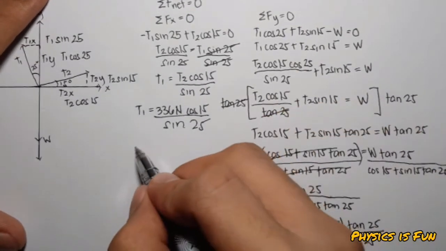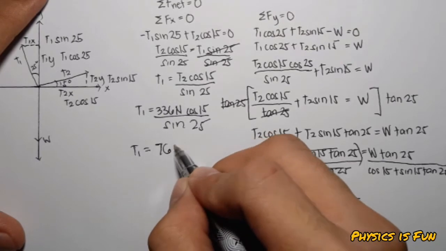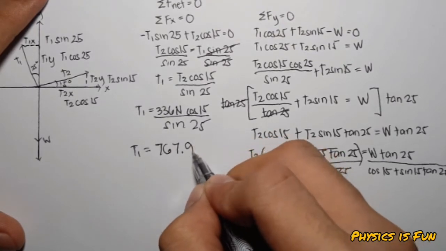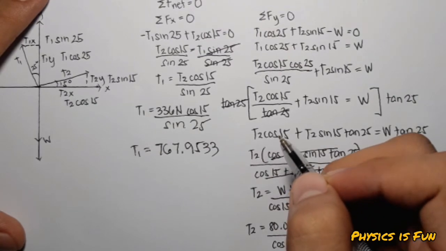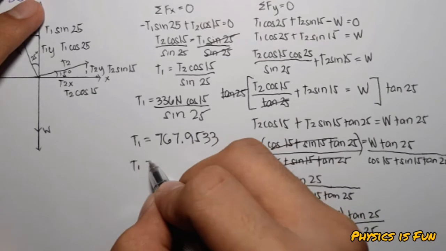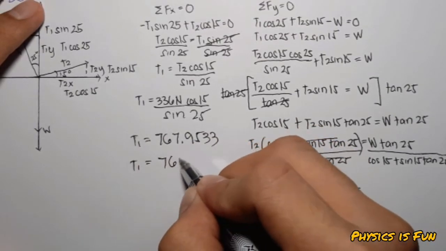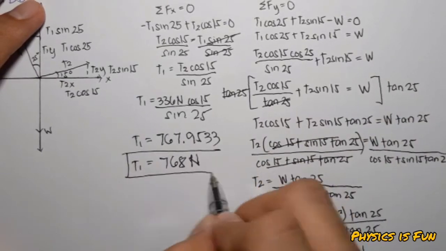And if we solve for that, our answer will be 767.9533. Again, following the significant figures, our tension 1 will be 768 newtons. And that is our final answer in this problem.